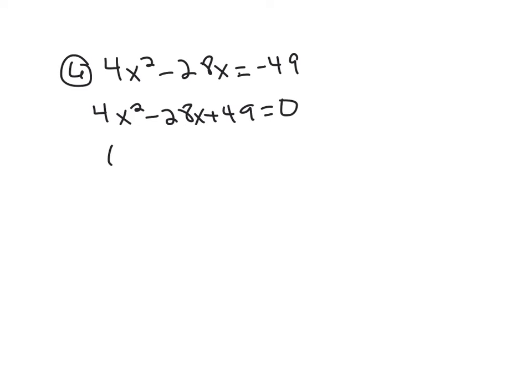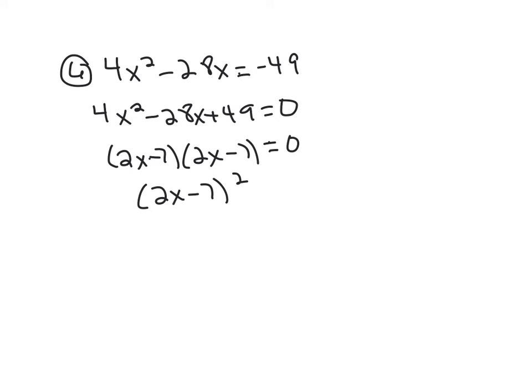So this one should factor to be 2x minus 7, 2x minus 7, or 2x minus 7, the quantity squared. Now, since the parentheses is the same, you only do one. I mean, you could do it twice, but you're going to get the same answer. So x equals 7/2.